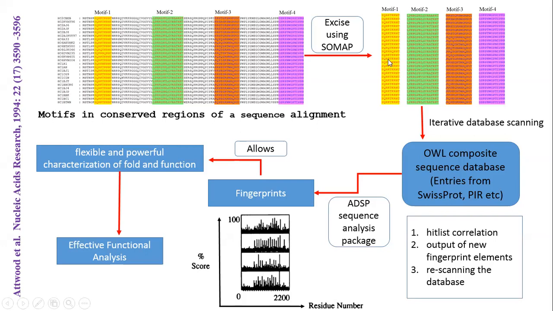Okay, and then in the incoming sequence we would test if such fingerprints are there or not. If there are such fingerprints, that means the given set of sequences can act as a kinase. Okay, it doesn't really matter if the sequences match for this motif or not. Okay, so in this way, effective functional analysis can be carried out if you have such fingerprints data.